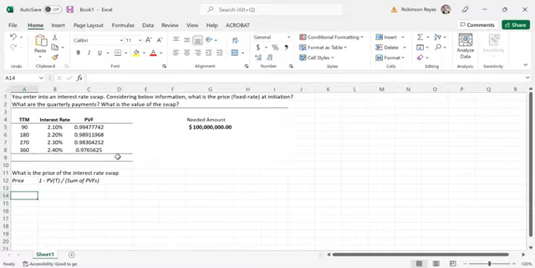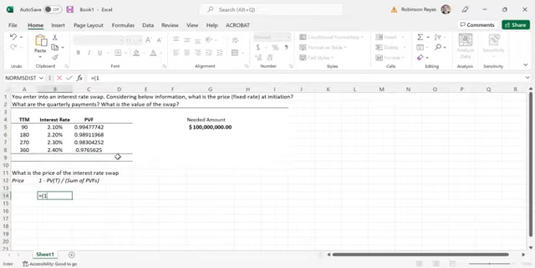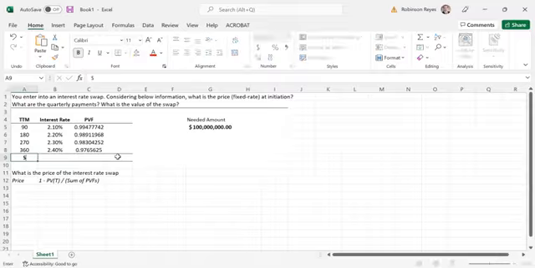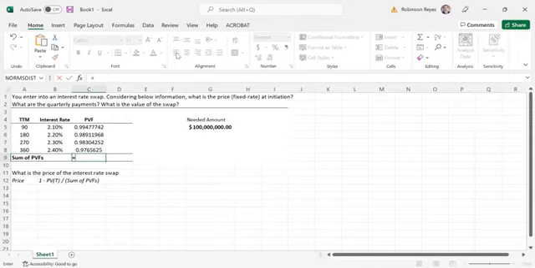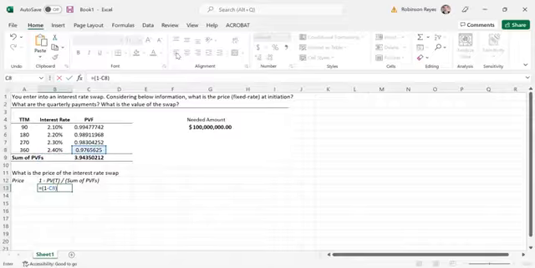If we use our formula, it's very simple. It's just 1 minus the last present value factor, and then we divide this by the summation of all present value factors. So let's do the summation here and add them all up, and now we can use our formula, which is 1 minus the last present value factor divided by the summation of the present value factors, and then we're done.